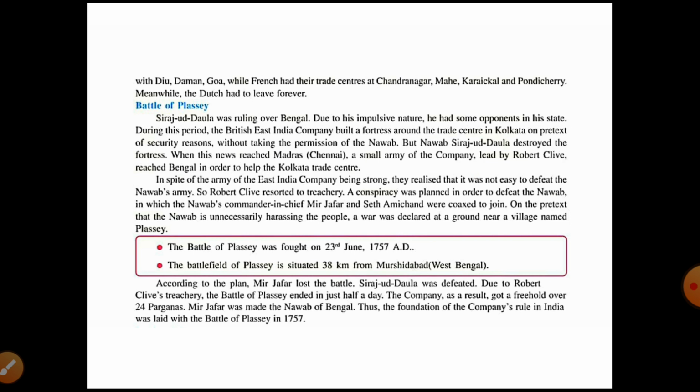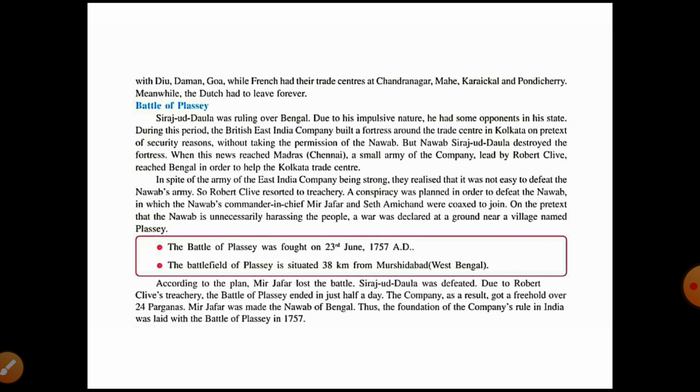So the British East India Company built a fort around their trading center in Kolkata for security reasons, but they didn't take permission from Siraj-ud-Dowlah, the Nawab of Bengal.